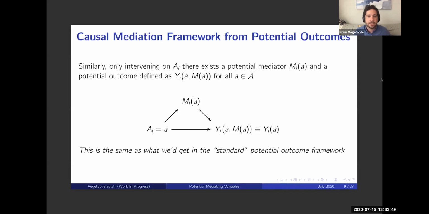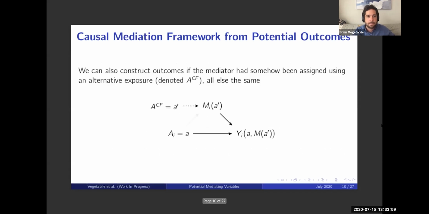So this is our notation, and Trang gave a nice introduction to this, so I won't spend too much time here. But as she alluded to earlier, this is the same effect you'd get in the standard potential outcome framework. And then you have these counterfactual outcomes that arise under counterfactual mediators.